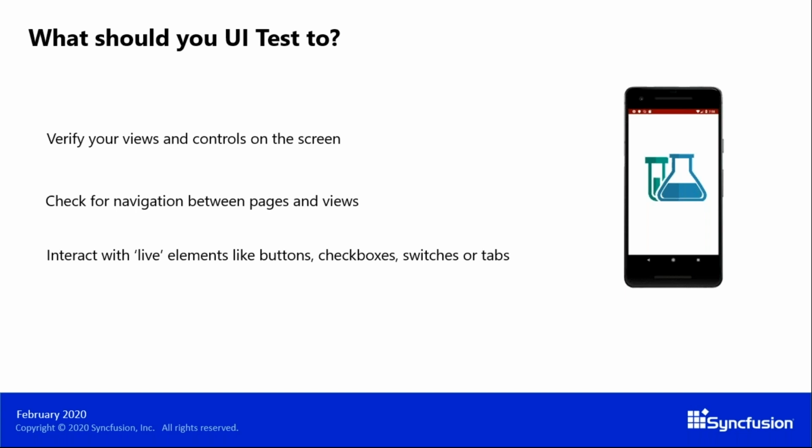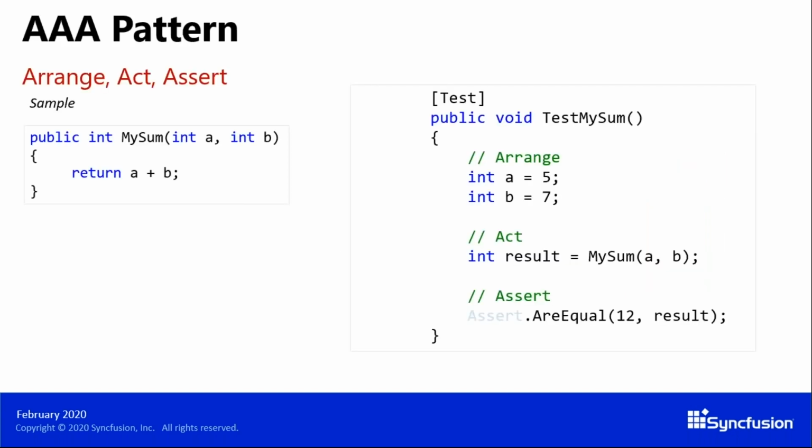In order to write tests, usually the so-called AAA pattern is used, the arrange, act, assert pattern. I have a very easy example here. This pattern is formed of three parts. The first part is arranging the application.